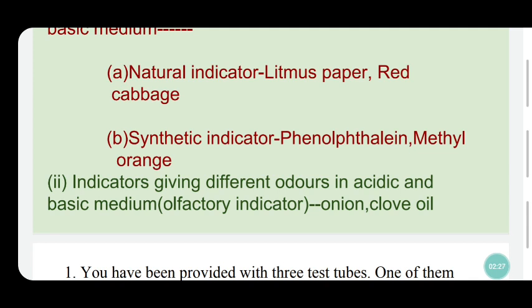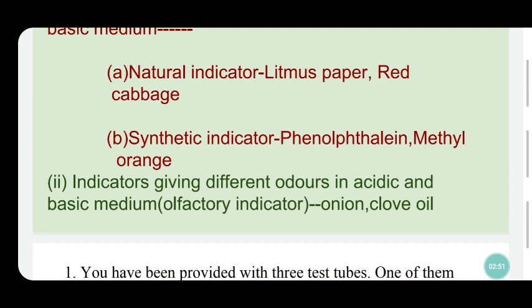Apart from these two, there are specific substances that give a specific smell in acids and bases. With the help of the smell, we can identify whether the given substance is an acid or a base. These are called olfactory indicators.